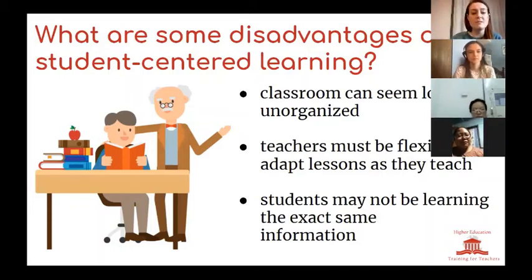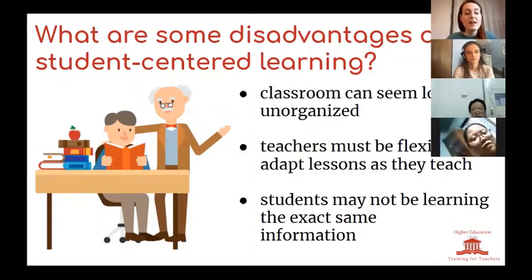Another thing that comes up a lot is that you can't always cover as much information if it is student-centered. Because if you're talking, you can talk about more information. So it's more critical thinking skills, but maybe less information.